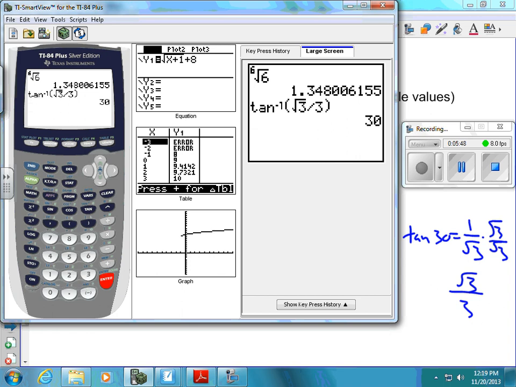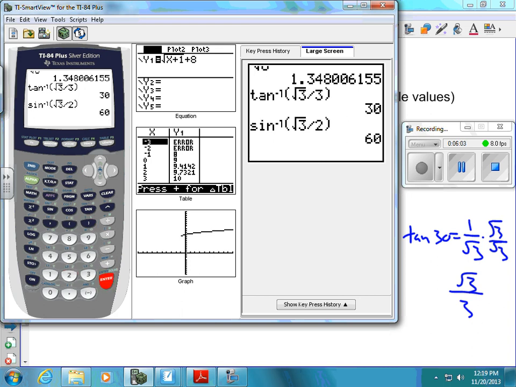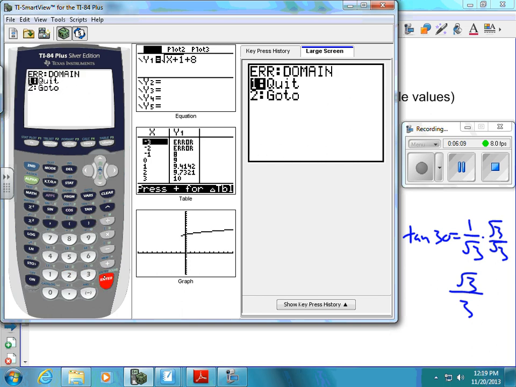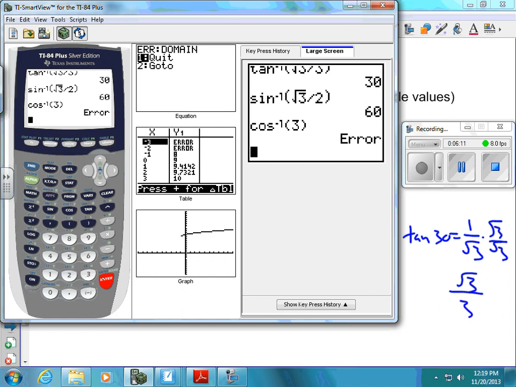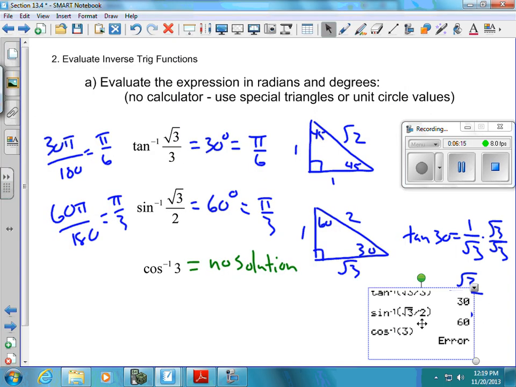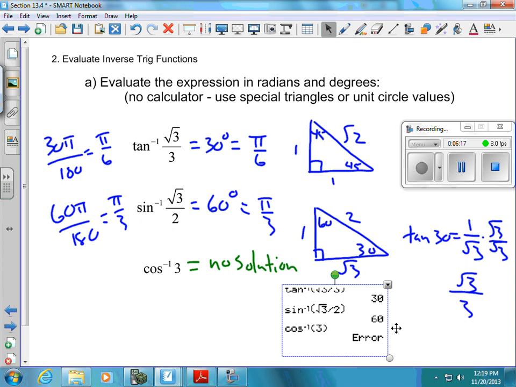So I can do any of these on the graphing calculator. Inverse sine of the square root of 3 over 2. In fact, some of these we're going to have to use the calculator for because they're not going to be on our unit circle. And if I try doing the arc sine of 3, watch what happens. Error, error, error. It won't work. So we can do these on our calculator if we want to as well.